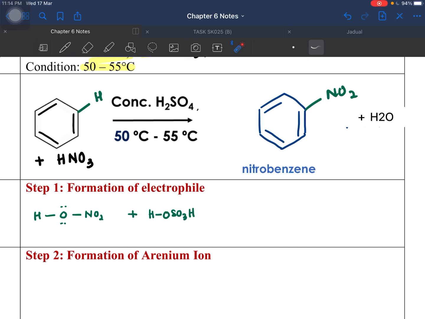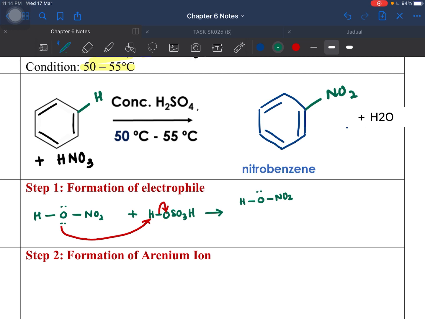Alright, so what will happen here? Okay, lone pair akan attack this hydrogen, and then from your bond dia akan bagi kepada oksigen di sini. Okay, so produk dia akan jadi this part. Kamu akan dapat HONO2.